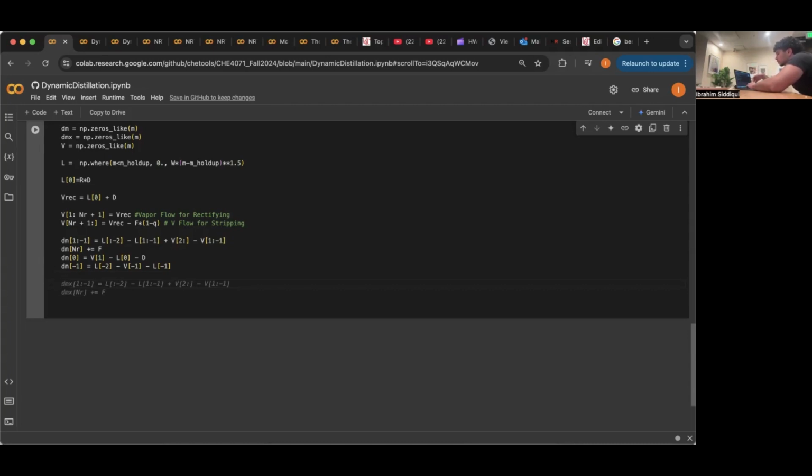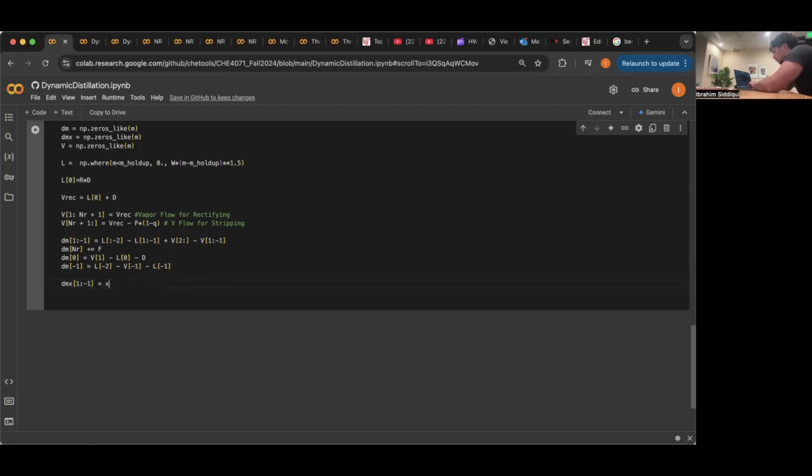However, we're going to be multiplying it by our liquid or vapor compositions. So let's go ahead and define our value for this, which is just DMX, and that's going to be from again 1 to -1, same as what we did before, and then this will be equal.